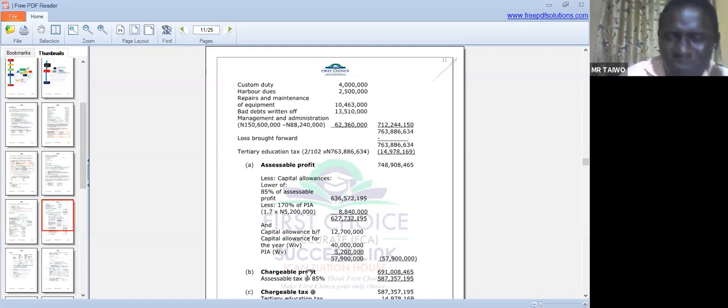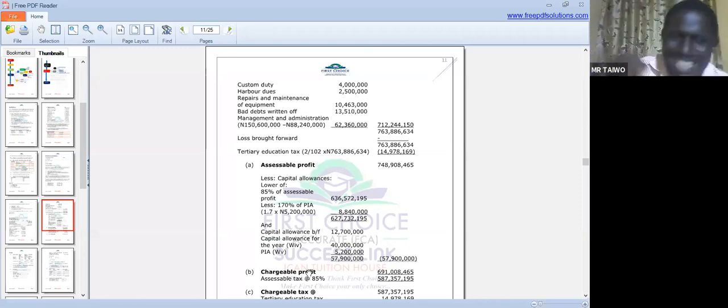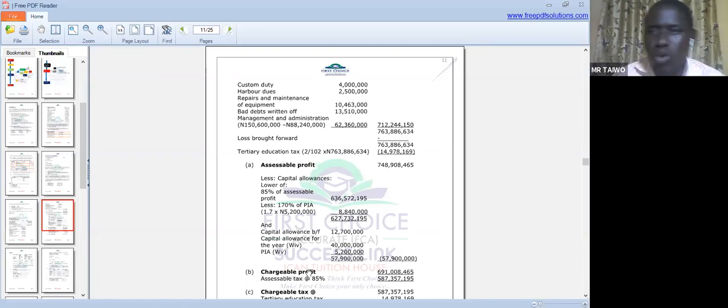The first part is to compute the capital allowance proper, including the petroleum investment allowance, and add it together. The second part is to compute 85% of the assessable profit, then less 170% of the petroleum investment allowance from it. Between the two that you computed, the lower of these two is what will serve as your capital allowance to be removed from your assessable profit to get your chargeable profit.